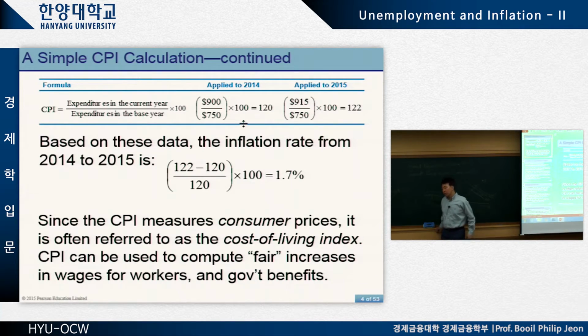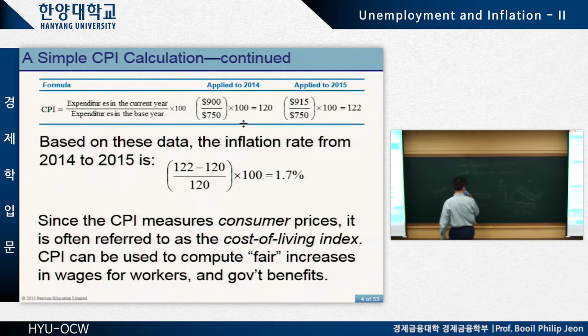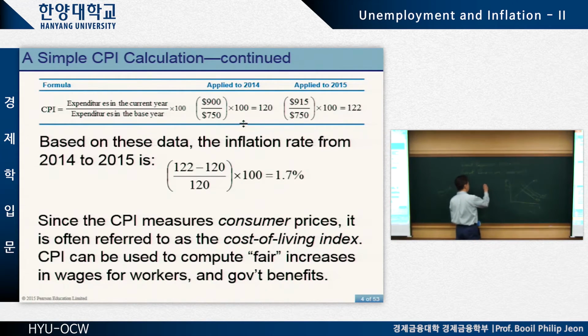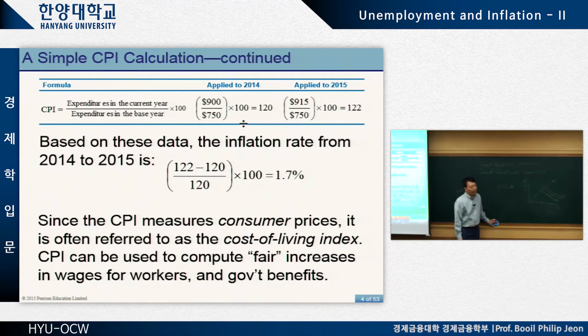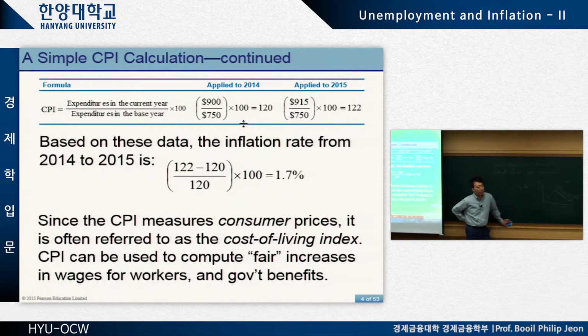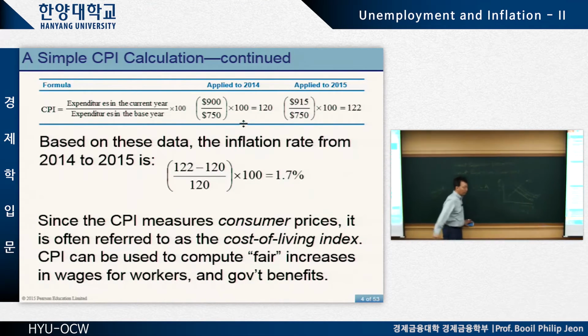So where do we use the CPI number? We use this CPI for COLA, cost of living adjustment. This is used very frequently in many places.